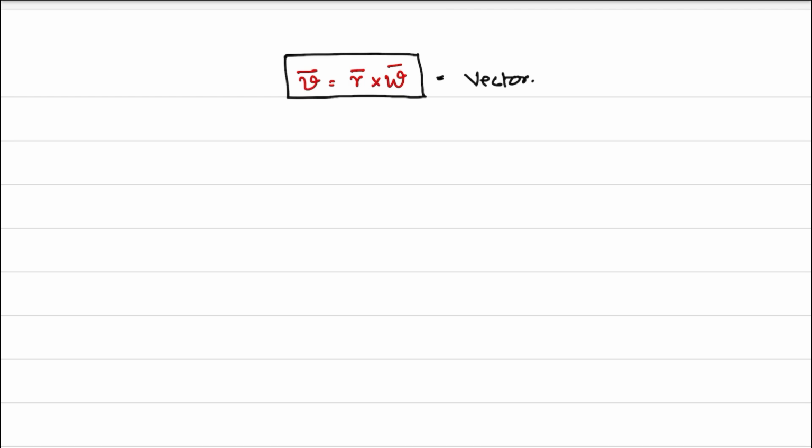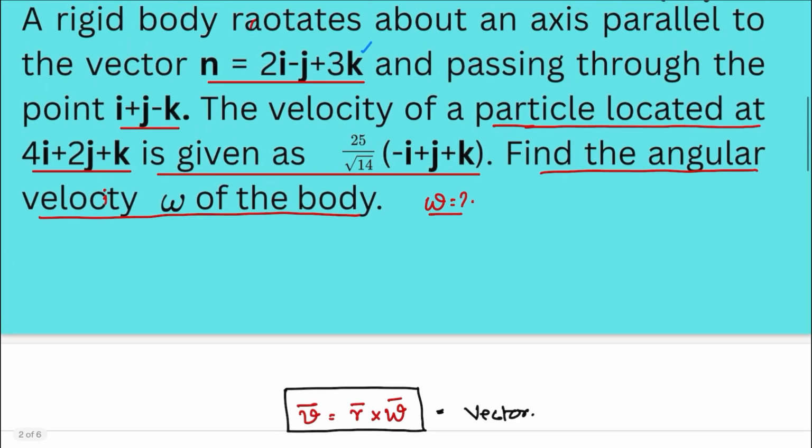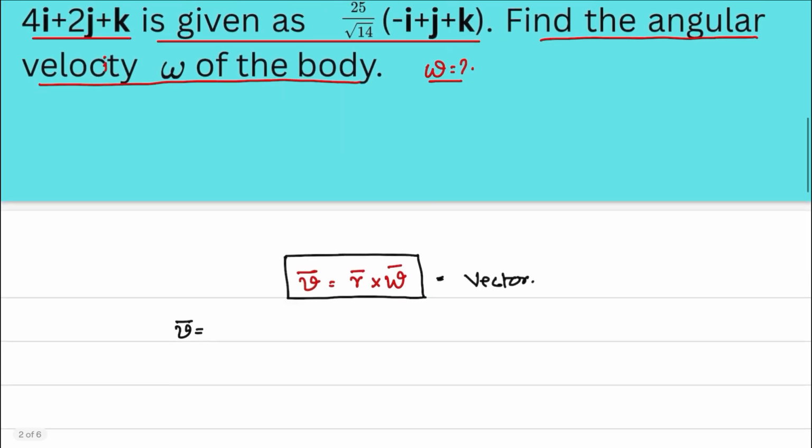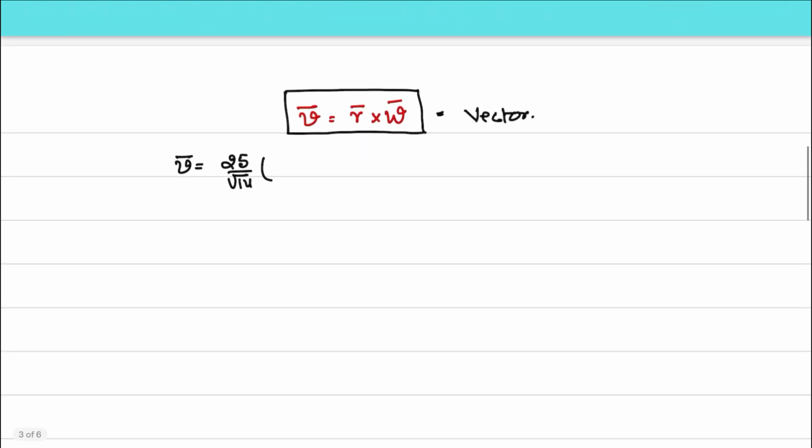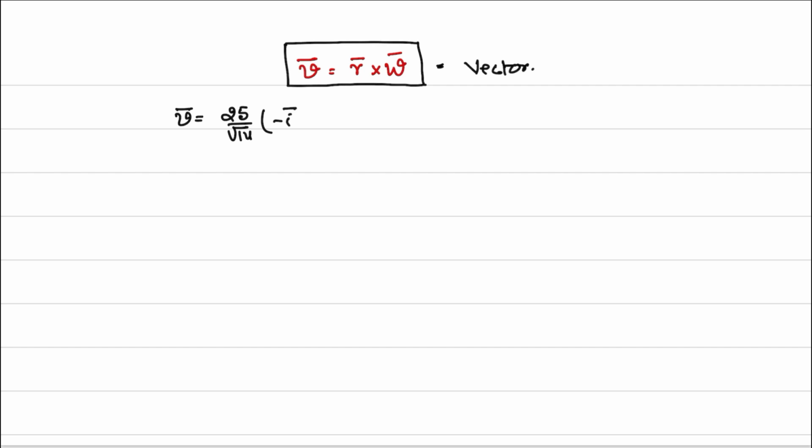Please make a note that it's a vector. What is that vector? It is given V bar is equal to 25 by square root of 14 times minus i plus j plus k.